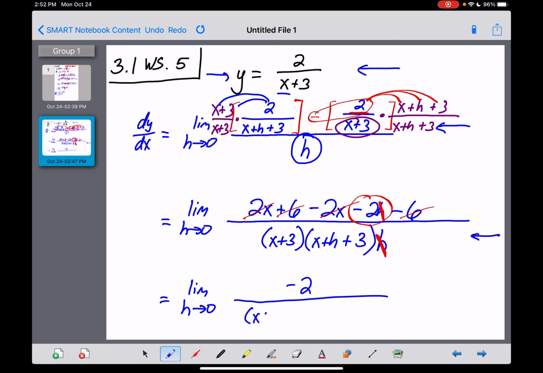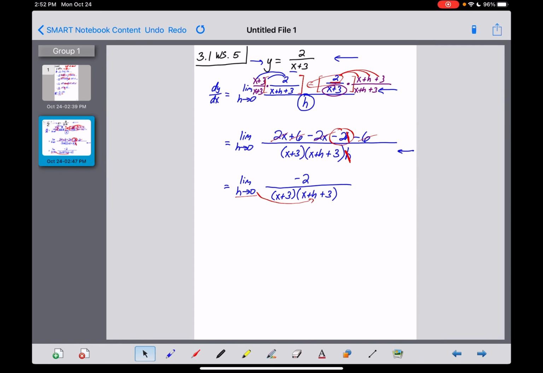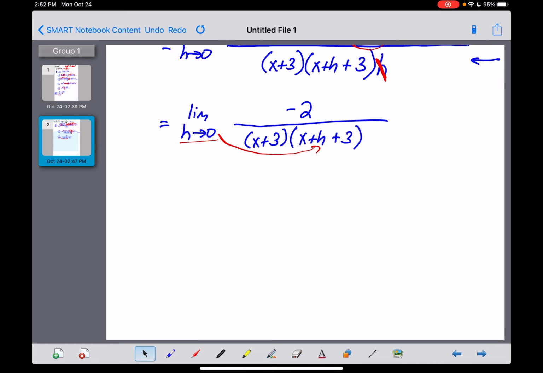Then we've got an x plus 3 times an x plus h plus 3. And we can now let h actually become 0. That really only applies right here, but I think that's going to get us something that's a little bit better than we might think. Guys, let me make a little line right here. Okay, so what does that do for us now?